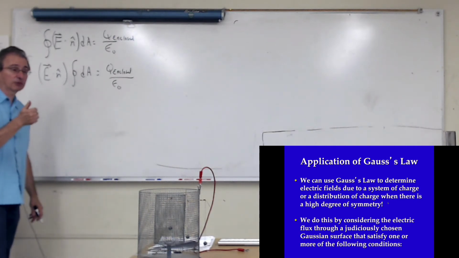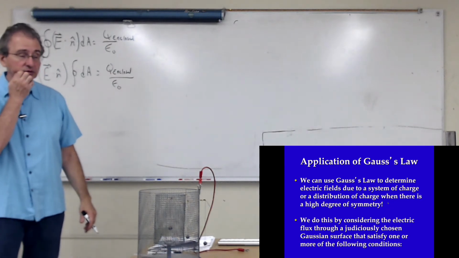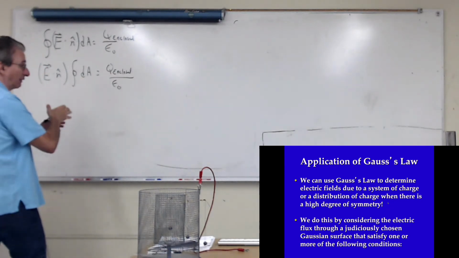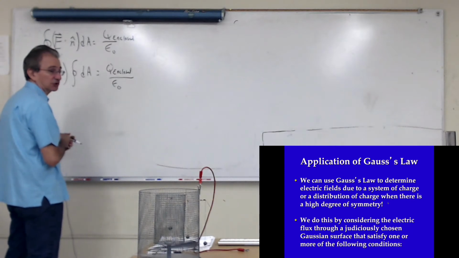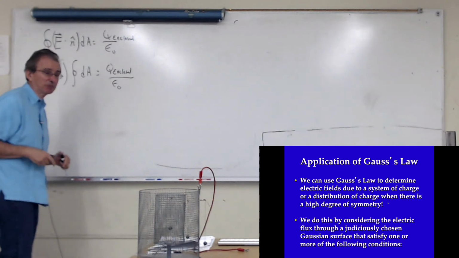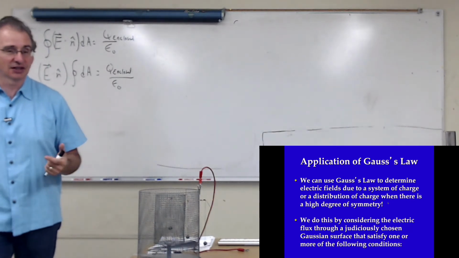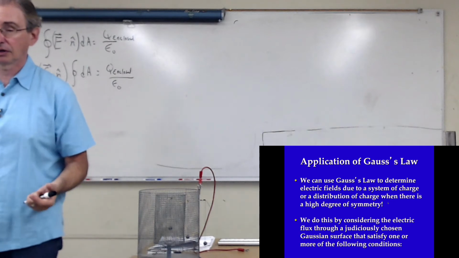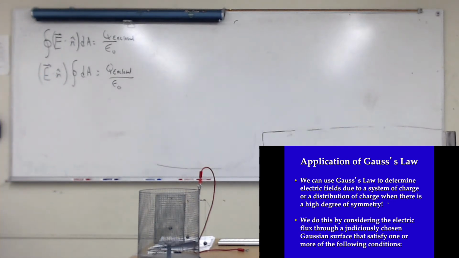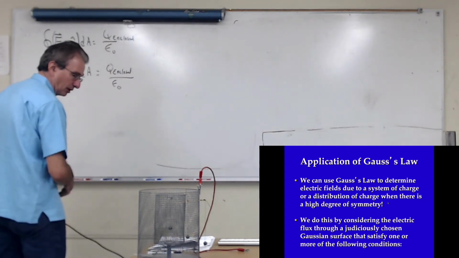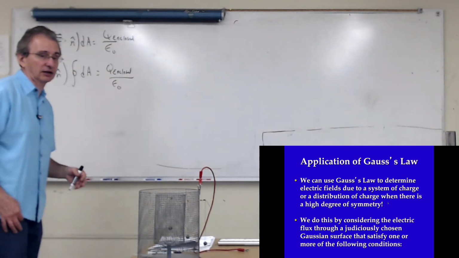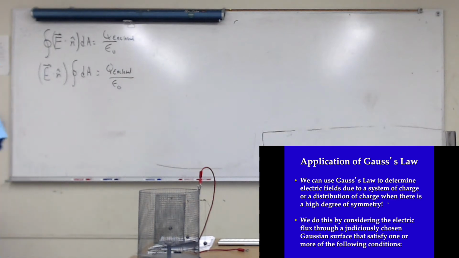Of course, in order for me to do this, I have to have a charge distribution that has a nice symmetry, and I have to be smart in choosing the shape of the surface I'm going to integrate over. If I do a bad job choosing my surface, then I'm in trouble. I cannot perform the integral, and I can't use Gauss's law to calculate the field. And again, just as a reminder, Gauss's law is always valid.